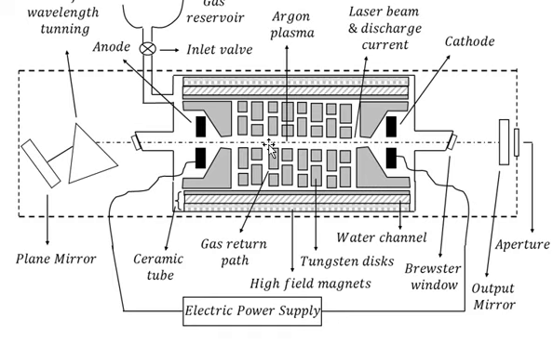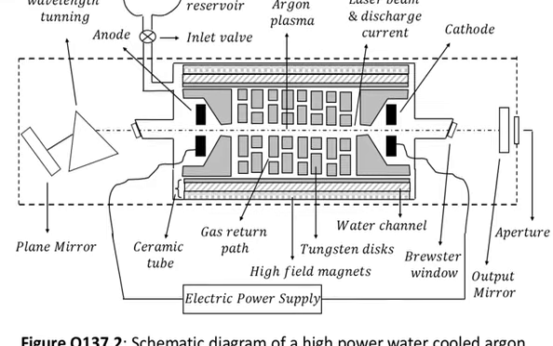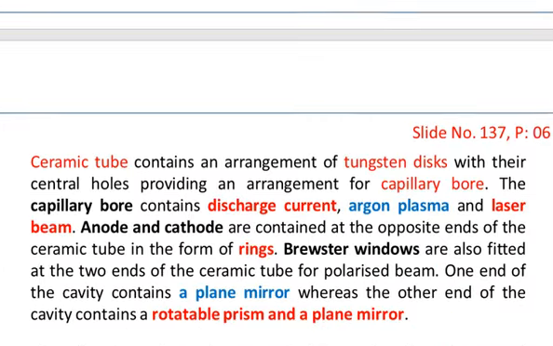So we want them to remain within the capillary tube without colliding with the walls. For that reason we apply a high magnetic field, and this high magnetic field keeps the electrons within the capillary tube. The electrons may be spiraling around the lines of the magnetic field, but they will remain within the capillary tube without colliding with the walls. So this is why we apply the strong magnetic field.